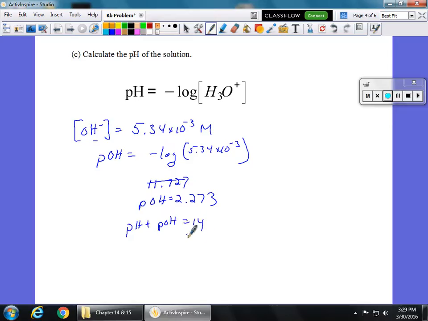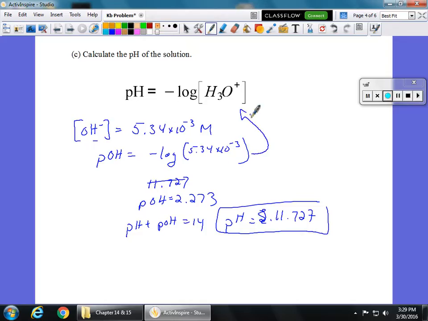That's going to give us a pH of 11.727. And that should make sense because this is going to be a basic solution where it needs to be above 7. Conversely, you could take this concentration, find the hydronium concentration, and then substitute in this reaction. But either way, you should come out with the same thing.